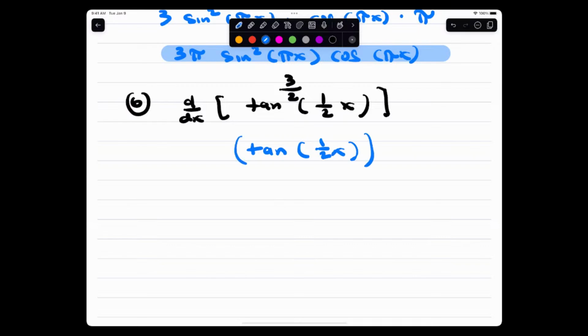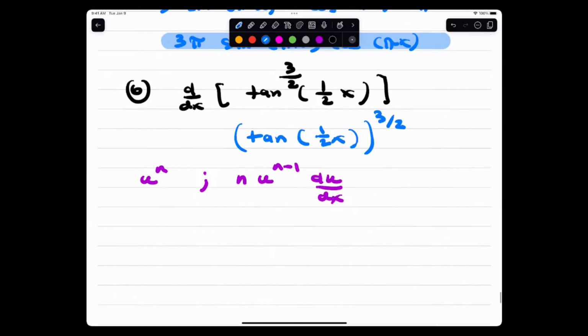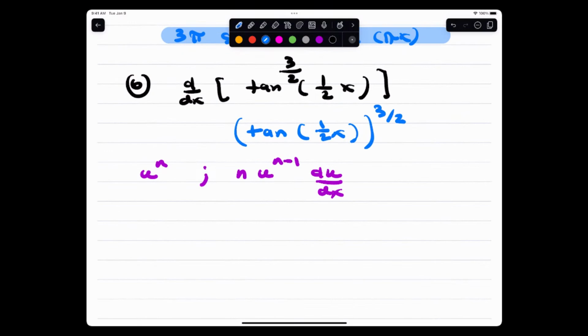Okay. So this is tangent of 1/2 x raised to the 3/2 power. And then you're going to use what again? Maybe you want to see it this way. If my function looks like this, maybe I don't want to see those things. I want to see it in terms of u. Does the book do it that way? Okay.